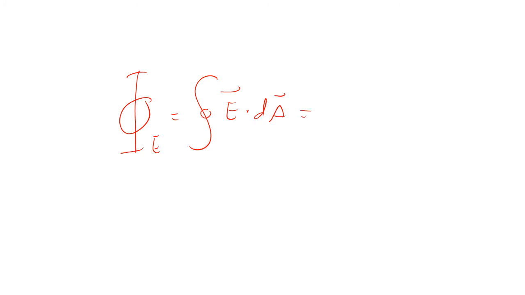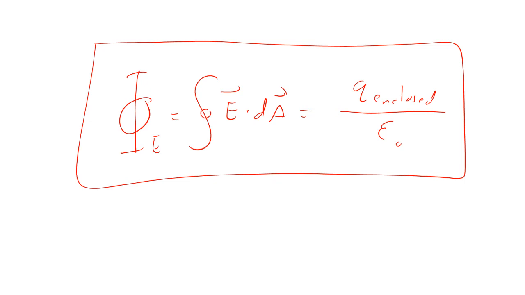So we can generalize this now to say the electric flux, which is the same as the surface integral of E dot dA, is equal to the enclosed charge over epsilon naught, where this is the flux through a solid, 3-dimensional surface.